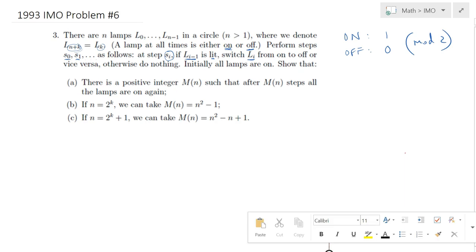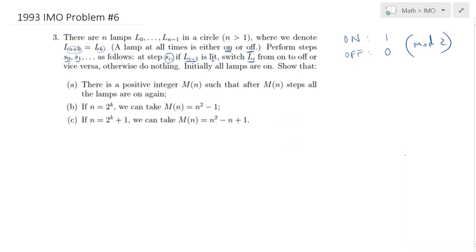If the previous lamp is on by the end of the previous step, then we operate on lamp L sub I, and we turn it off if it is previously on, or we turn it on if it is previously off. Otherwise we do nothing, meaning that if the previous lamp L sub I minus 1 is turned off, we just skip L sub I. So initially all the lamps are on.